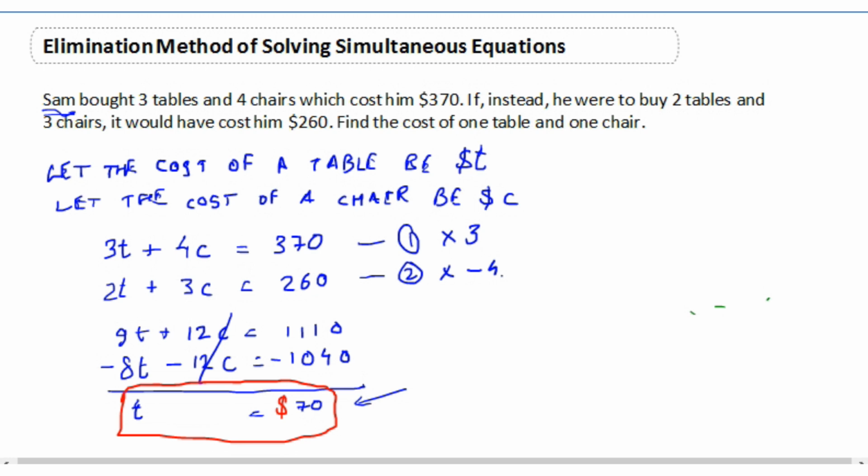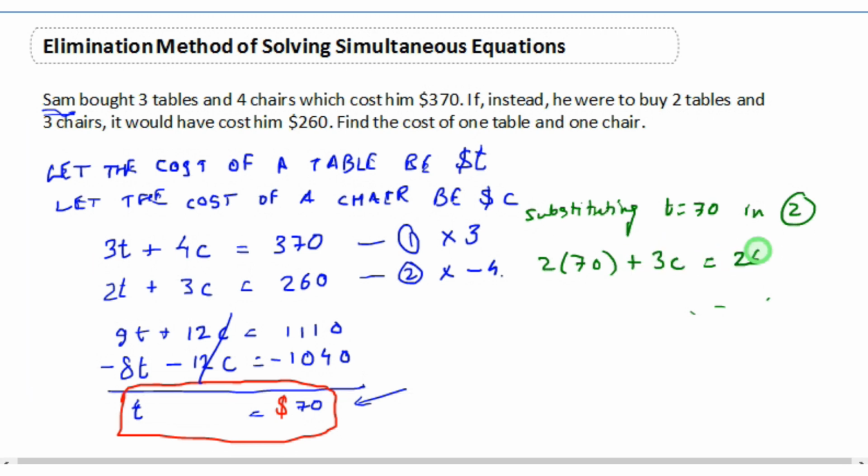So substituting t is equal to 70 in equation number 2, I get 2 times 70 plus 3c, that gives me 260. 2 times 70 is 140, and plus 3c, that should give me 260.